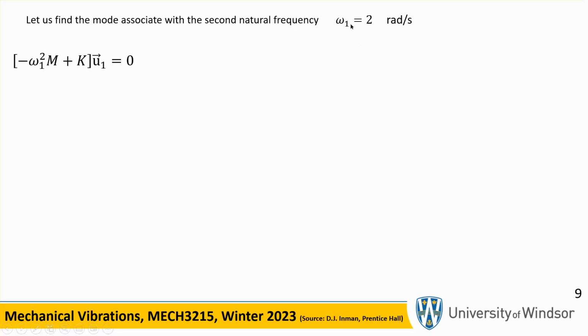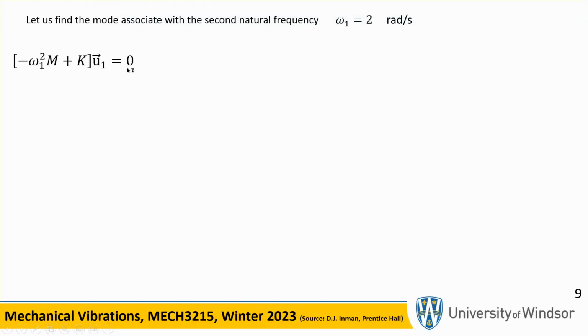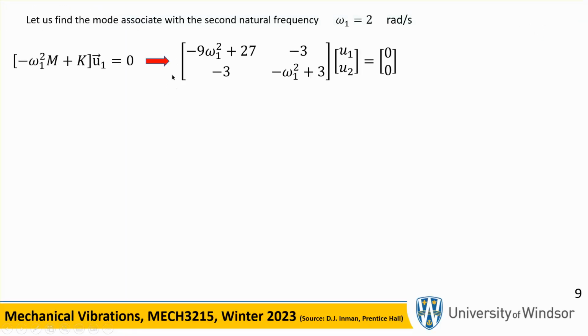Okay, so take this 2, stick it in there, and patiently find U1. There are no shortcuts around this. You have to do the hard work, or you have to have a program to do it for you. For 2 by 2, no problem. Right there. So I've done omega 1 equal to 2, put it in there, done the calculation.